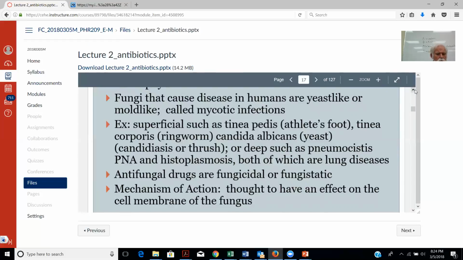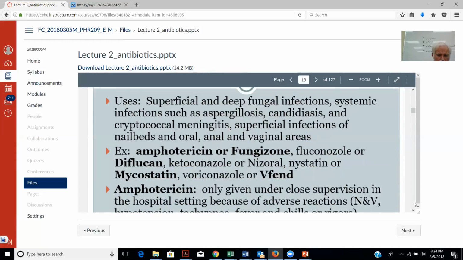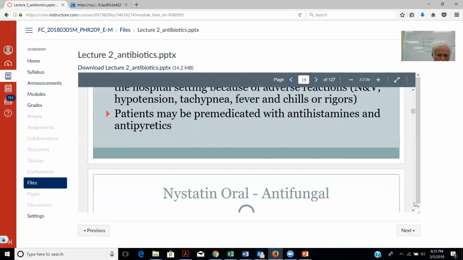Most of the antifungal drugs can be classed as either fungicidal, where some of them actually do kill the fungus, but they're mostly fungistatic, meaning they stop the reproduction. So that's why sometimes we have to take drugs for long periods of time for serious infections.